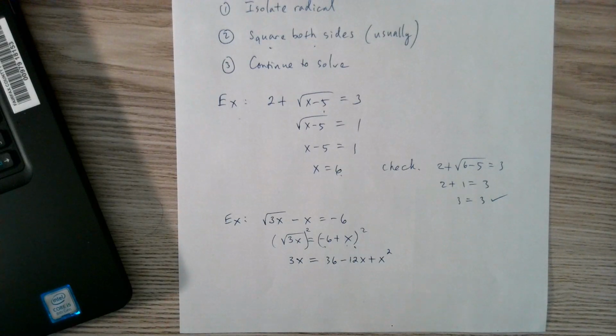Okay, no more rad. We have a degree 2 equation. We have a quadratic. So in this situation, we don't get all the x's on one side and all the terms without x's on the other side, we get everything to one side and make the other side 0.